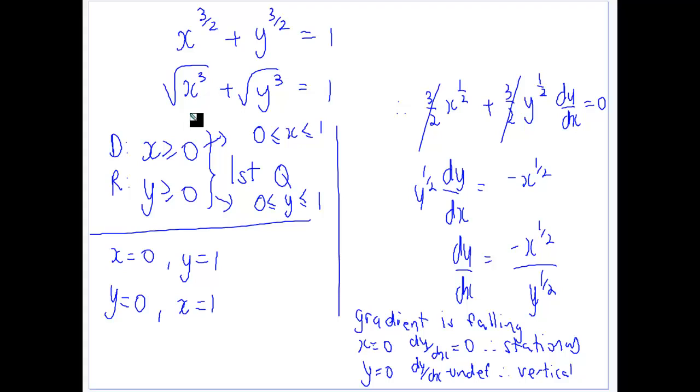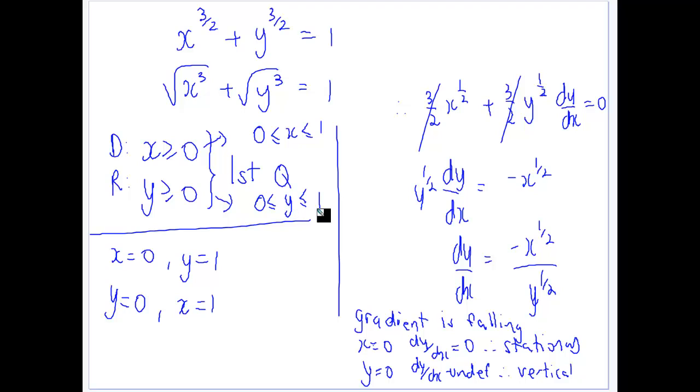Again, what's our domain and range? Well, because it's going to be equal to 1, x is going to be greater than 0, because you can't take the square root of a negative. So it's going to be positive there, and the same with y, which means that x has to be between 0 and 1, because if x is greater than 1, taking the power of it gives us something greater than 1, and the two have got to add to 1.